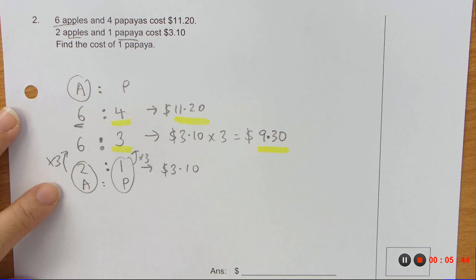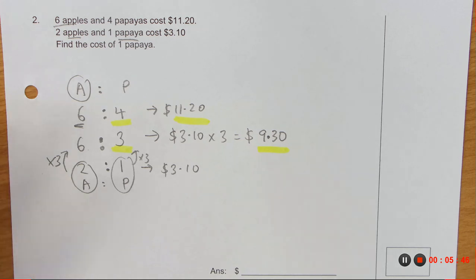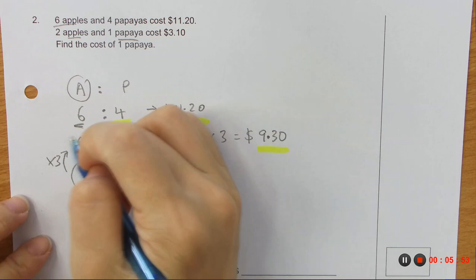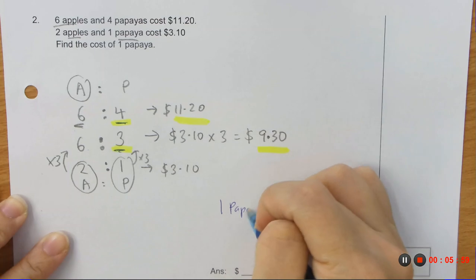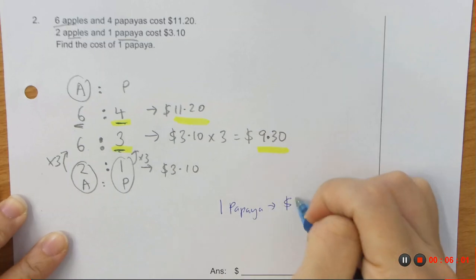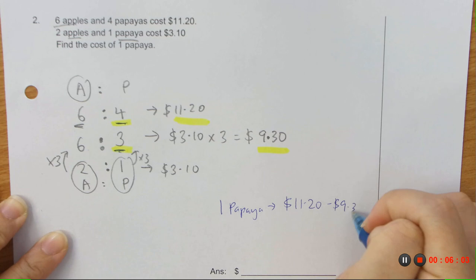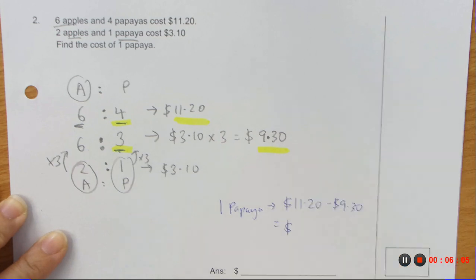Yes. For all of these questions, they are all for paper 2. So you can use the calculator. But can you see already? I use 4 units here minus 3 units here. So 1 papaya will just be 11.20 minus $9.30, and the answer is $1.90.